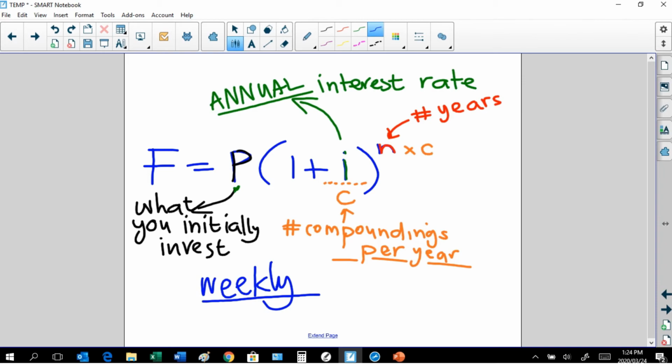Same number of cards in a deck. Anyway, that's besides the point. So, if your money is being compounded weekly, you must make your C 52. And if that's 52, that's also 52.